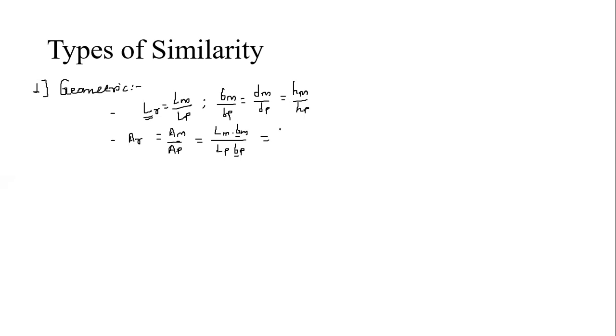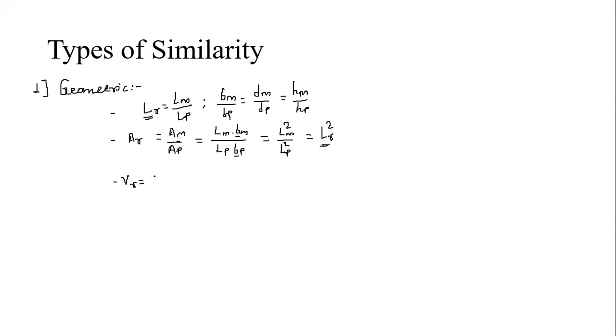So it will be nothing but the length of a model squared divided by a length of a proto squared. This happens because when it is exactly a square block, length and width are the same. That is nothing but LR squared. We can write that the length scale ratio LM by LP is LR, so LM squared by LP squared is the length scale ratio squared.